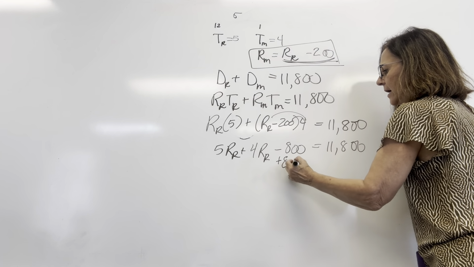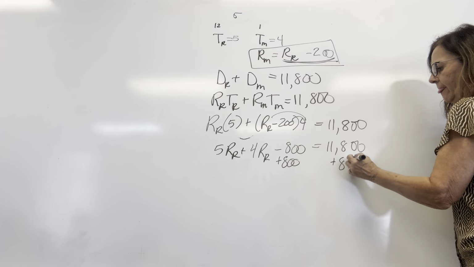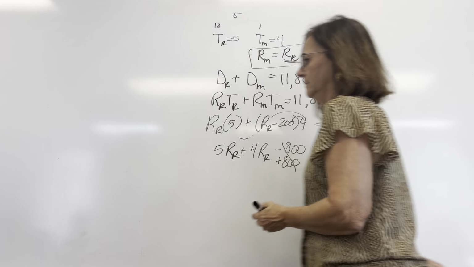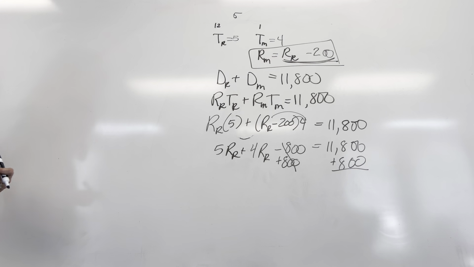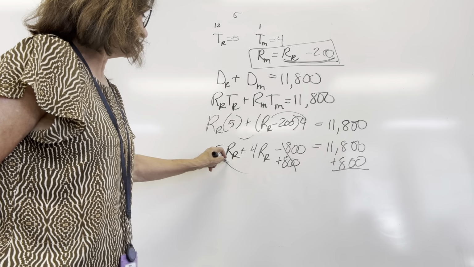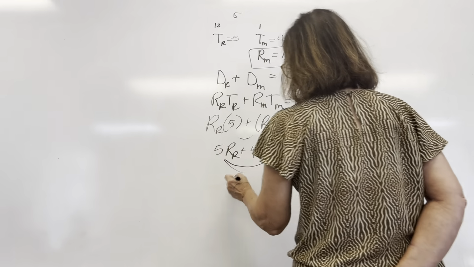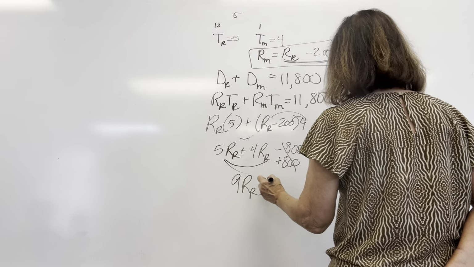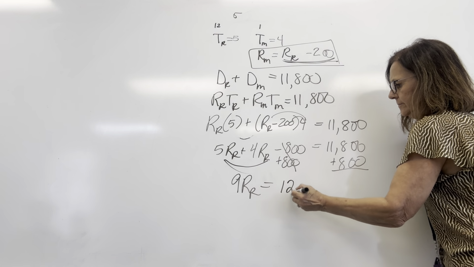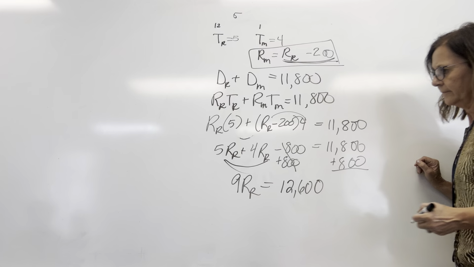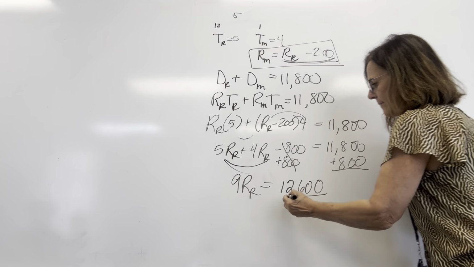I'm going to add 800 to both sides. Combine my like terms on the left hand side. So then I have 9 times the rate of Rocket Man equals 12,600. And divide that by 9.